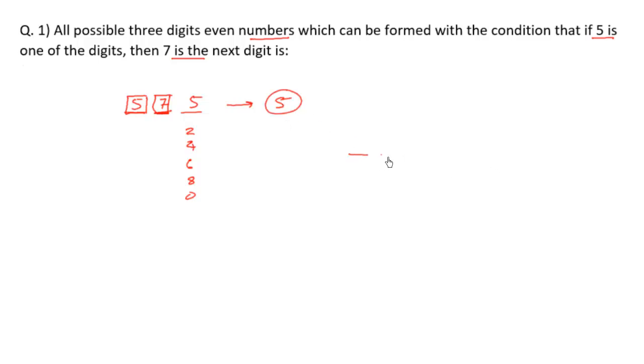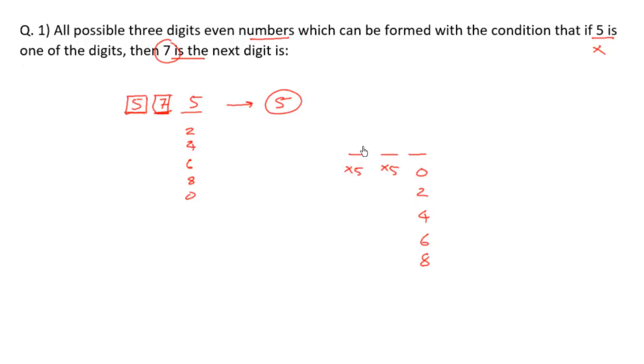Now let us take the next condition where we are not using digit 5 at all. If we are not using 5 at any of the places, then definitely this place will be 0, 2, 4, 6 or 8, to ensure that the number formed is even. We can't use 5 here, nor can we use 5 here, but we can use 7, because using 7 has no condition, but if we are using 5, then definitely we have to use digit 7.